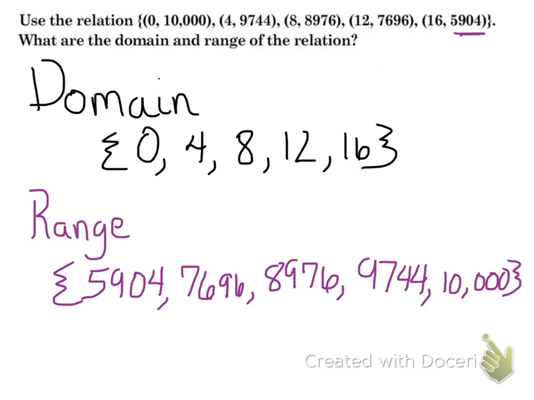Then I'm going to close my set brackets, and now I have my domain and range when I have a list of values. By listing them, that means I'm not including any points in between.